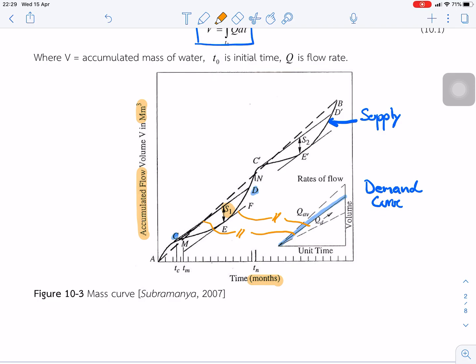Okay, S1, and we do it again above. And we draw a parallel line from C prime to D prime, parallel to the demand. So we can measure the S2.